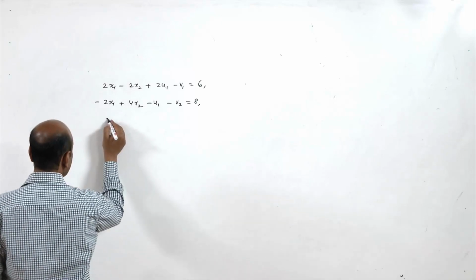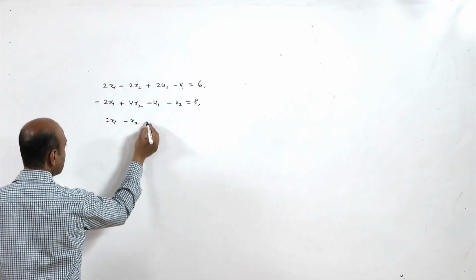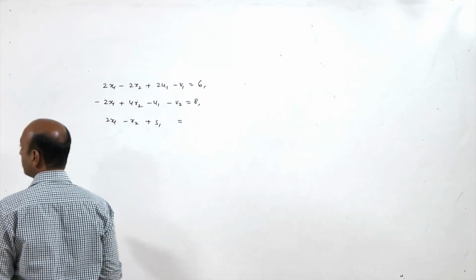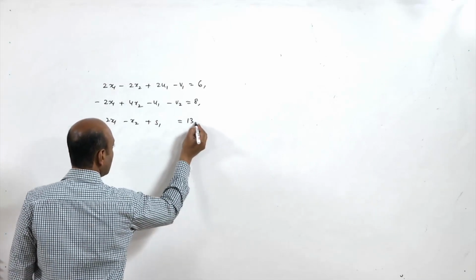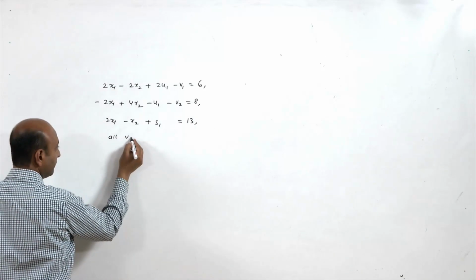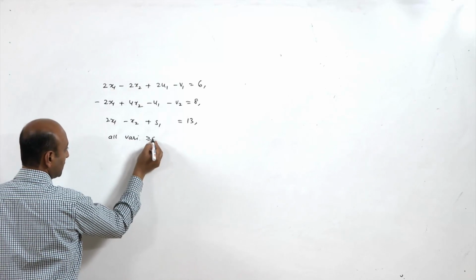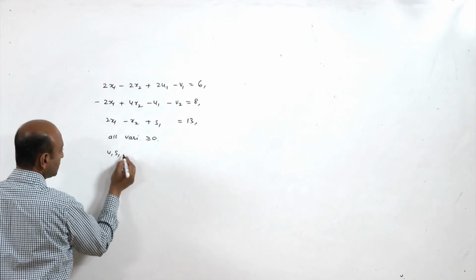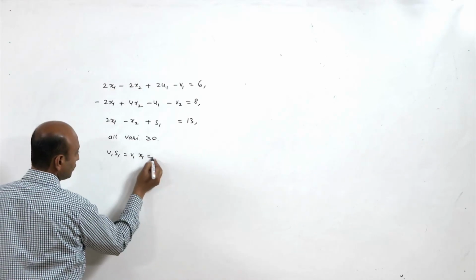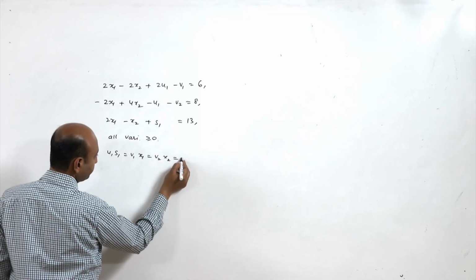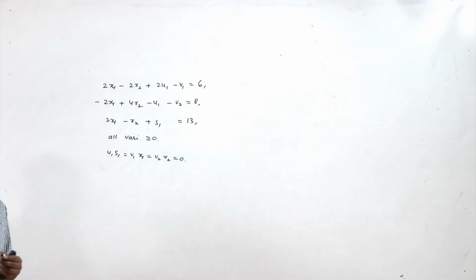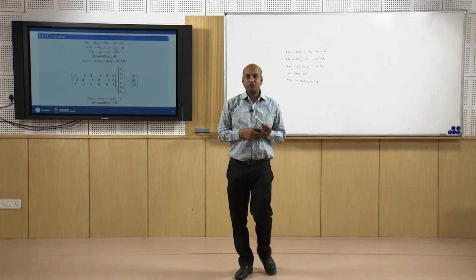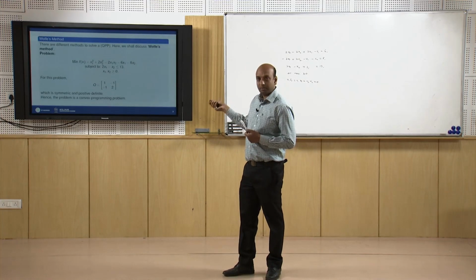Then it is 2x1 minus x2 plus s1 equals 13. All variables non-negative, and u1 s1 equals v1 x1 equals v2 x2 equals 0. So, these are the KKT conditions which we obtain for this QPP.